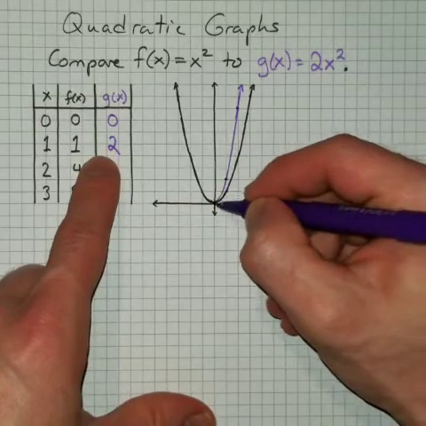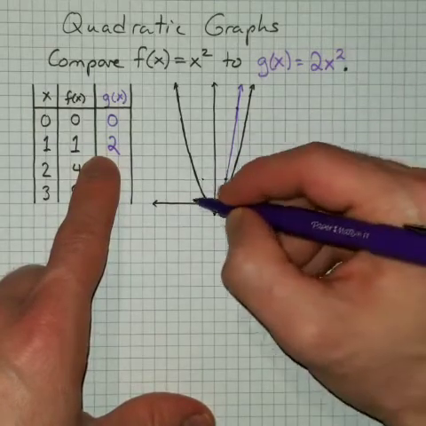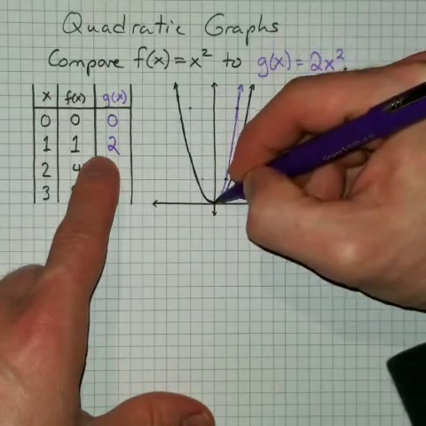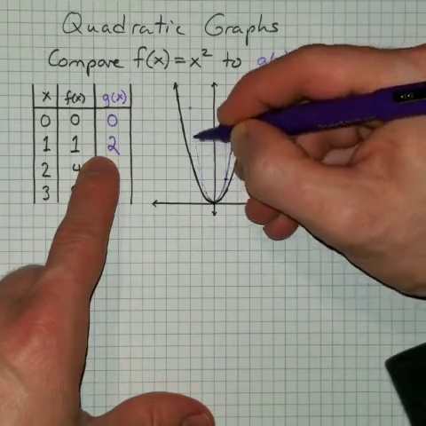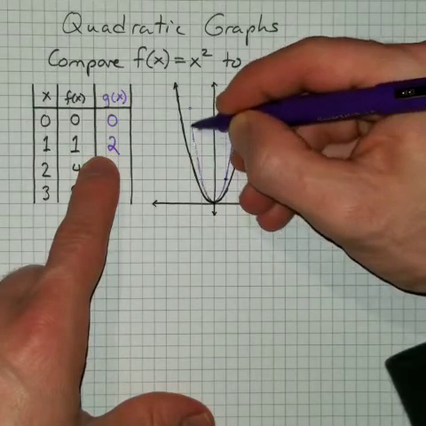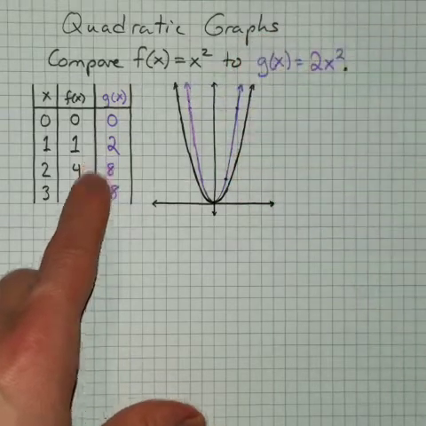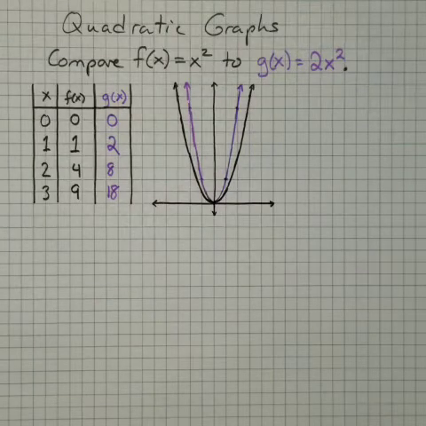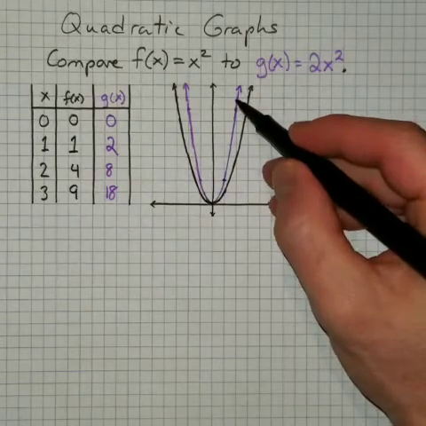So I can repeat these negative 1, 2, negative 2, 8, and get the other side of the graph.